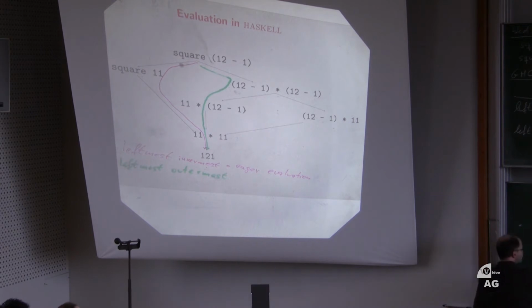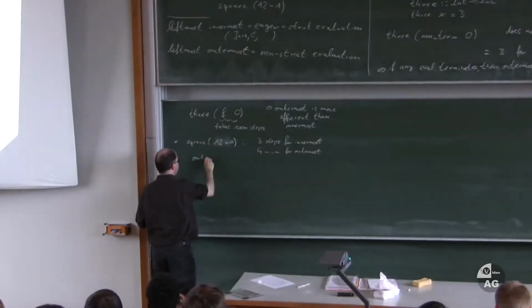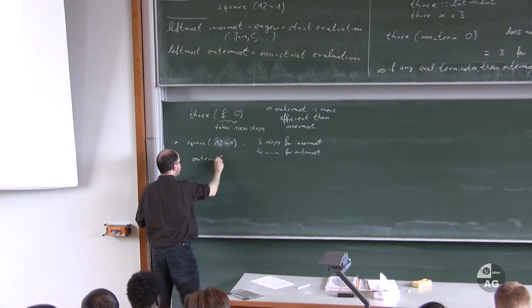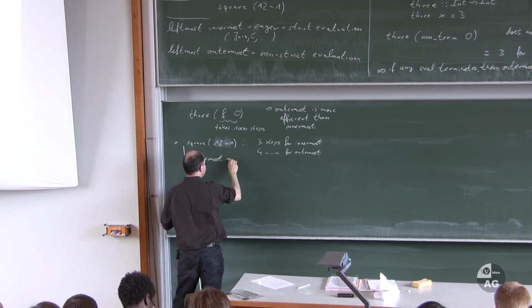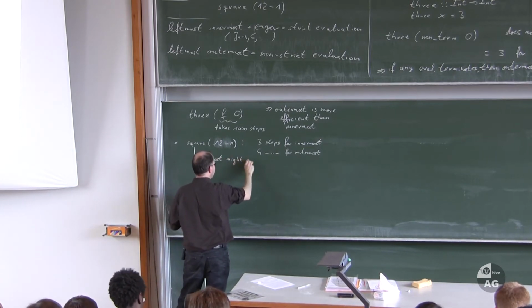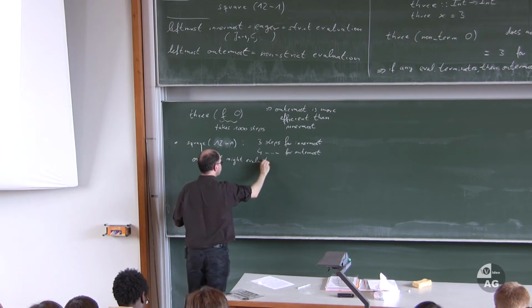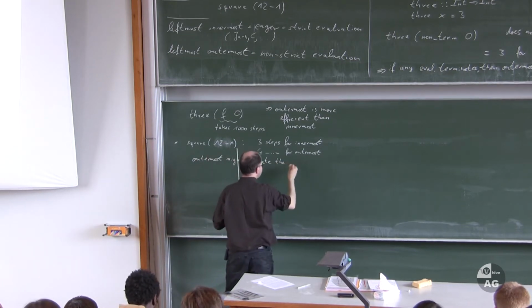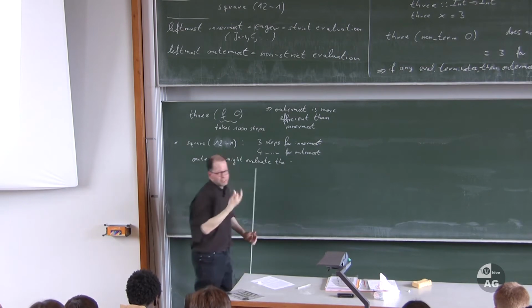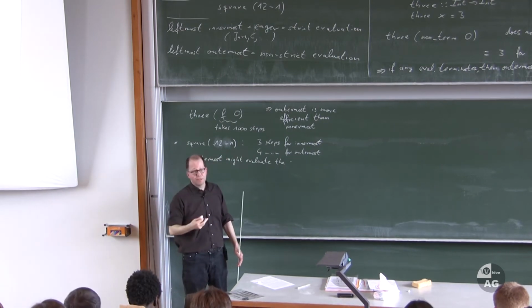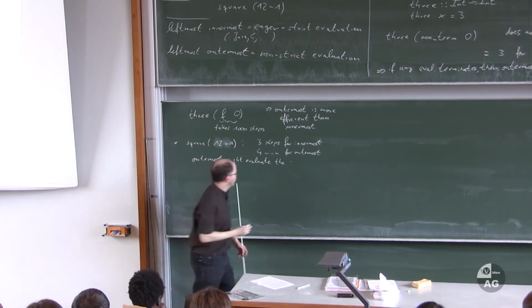So outermost might evaluate the same sub-expression twice, or 3 times or 4 times if it is doubled or copied 3 times or 4 times.